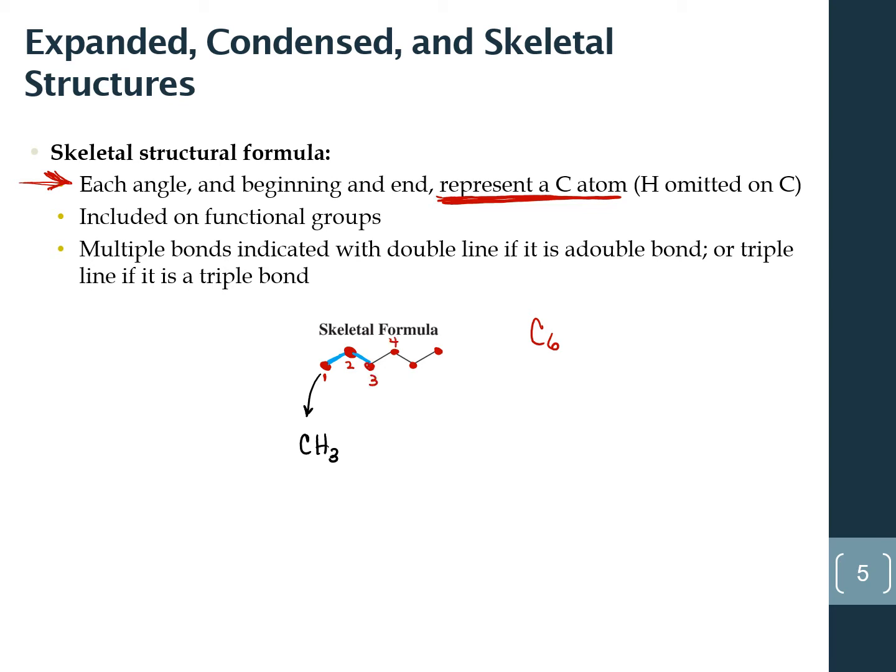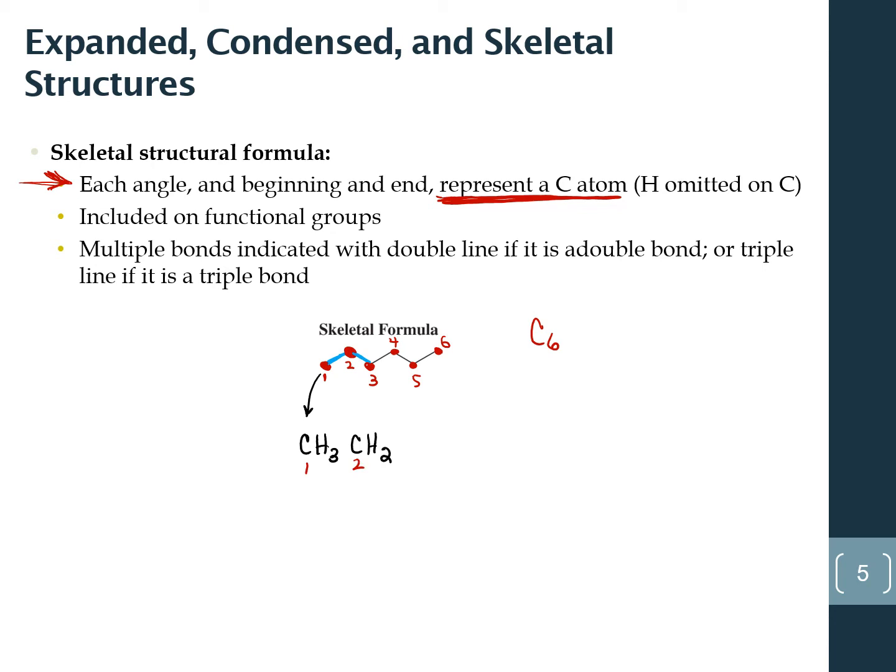So for carbon number 2, you already have 2 chemical bonds to 2 other carbons, which means that to complete the octet you're missing 2 more bonds. Those 2 bonds mean you have 2 hydrogens bonded to carbon number 2.